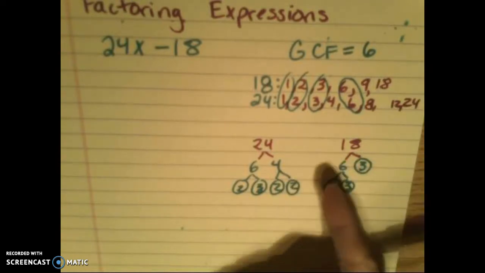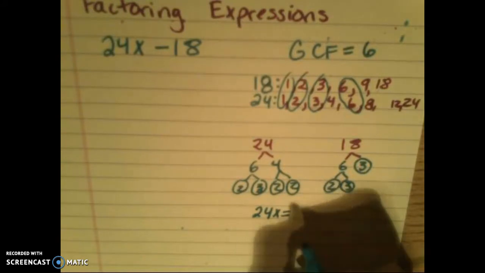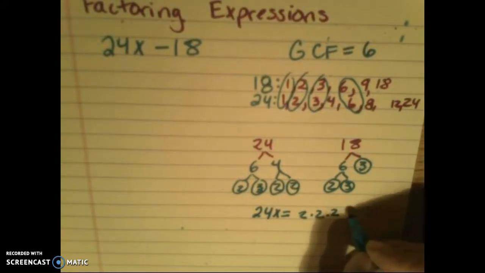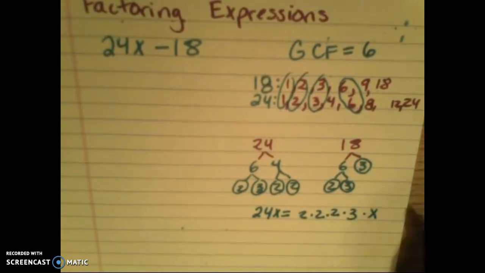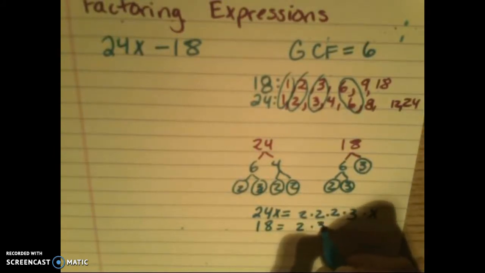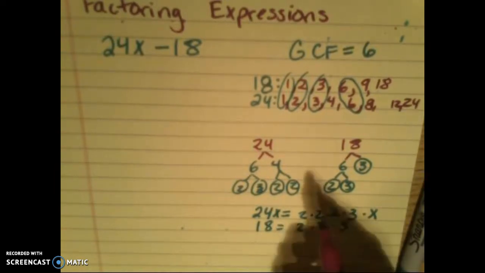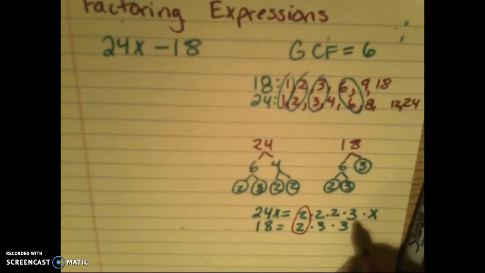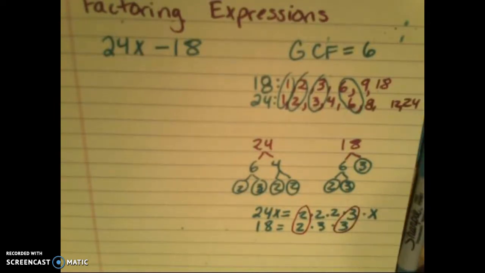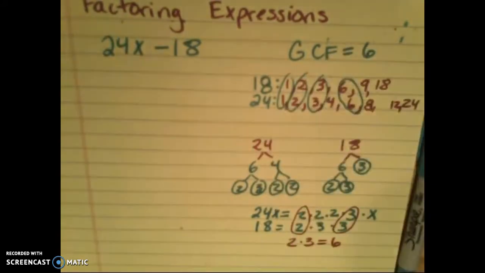So 24x equals 2 times 2 times 2 times 3 times x, and 18 is 2 times 3 times 3. Then you find your common factors. They have 2 in common, and 3 in common. And that's it. So 2 times 3 equals 6, which again, we've already said is the greatest common factor.